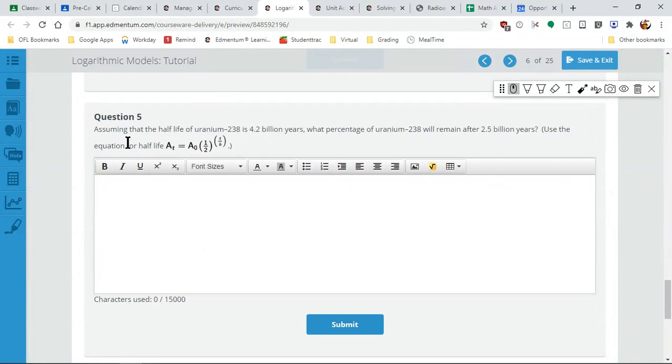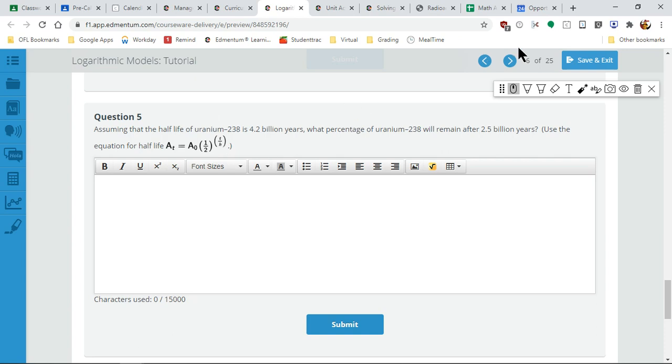So now we're going to use our half-life formula. Remember when we were using exponential growth, the rate of change was 1/2, and then t is the number of years that passed by, and n is the half-life.